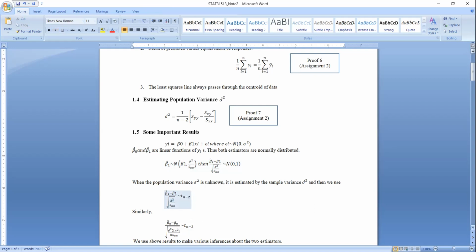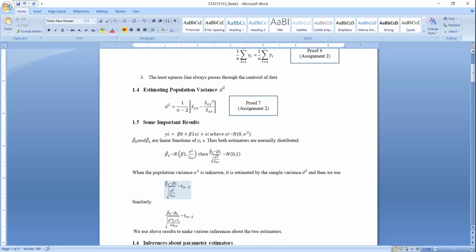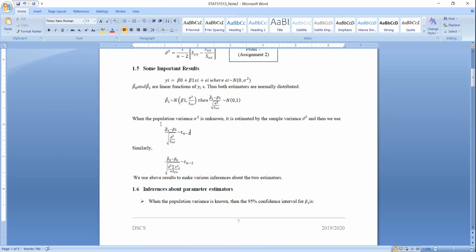So if you further solve it by substituting this equation for sigma squared hat, you can further simplify this as per the equation below, right? This is the final equation.